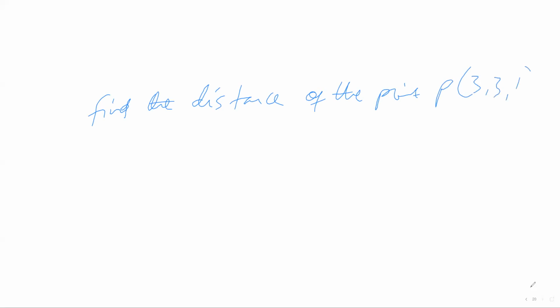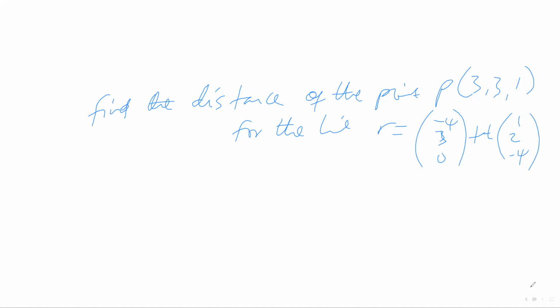So demonstrating with an example, the question says find the distance of the point 3, 3, 1 from the line, -4, 3, 0 plus t times 1, 2, negative 4.